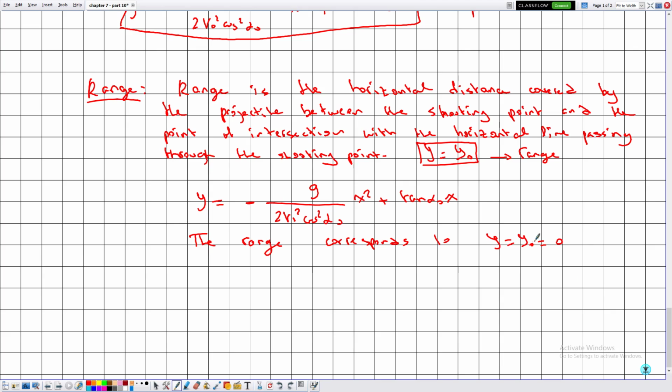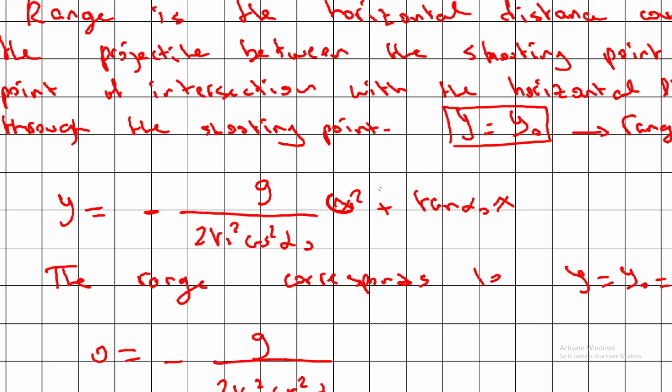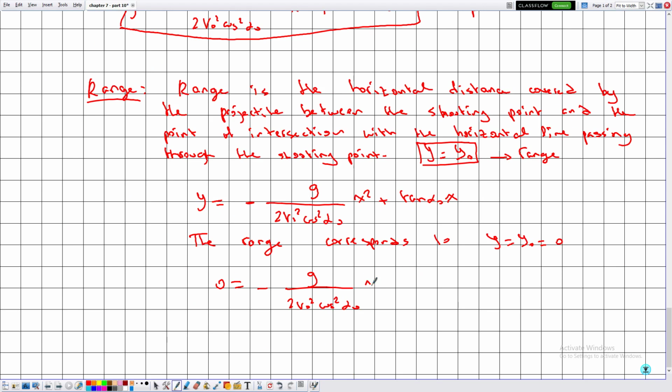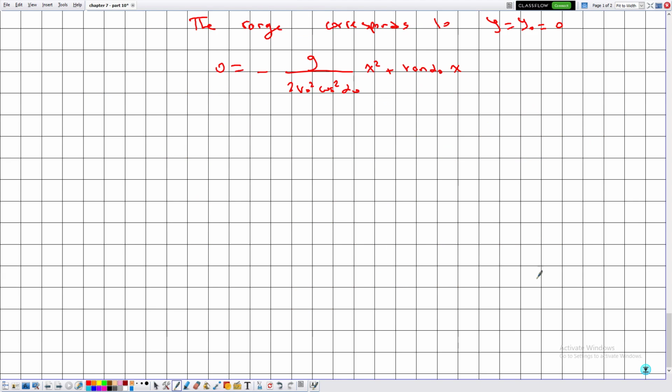Because y0 is equal to 0, y is also equal to 0. We have that 0 is equal to minus g divided by 2v0 square cosine square alpha 0 x square plus tangent alpha 0 multiplied by x, where x represents the range. Now we are interested in finding the value of x, which represents the range.